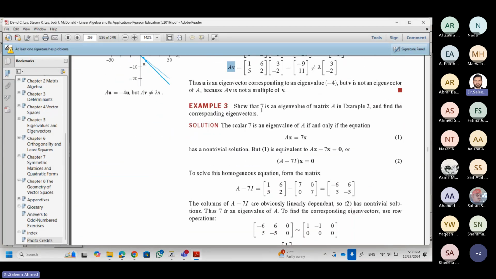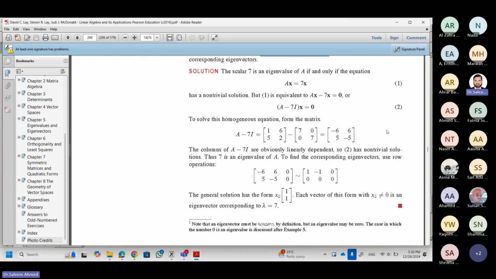Here you see, show that 7 is the eigenvalue of the matrix A. So you have to basically solve the system A minus 7 I x equal to 0. So I will only write A minus 7 I, which is subtracting 7 from the diagonal. No need to write all this. You can directly write this: 1 minus 7, 6 and 5 don't change, and 2 minus 7.